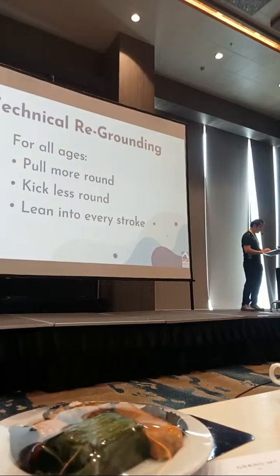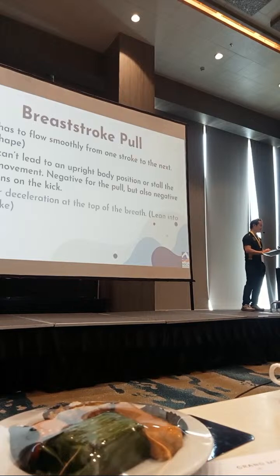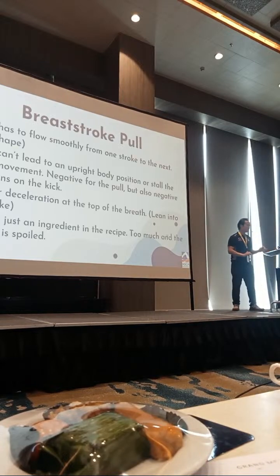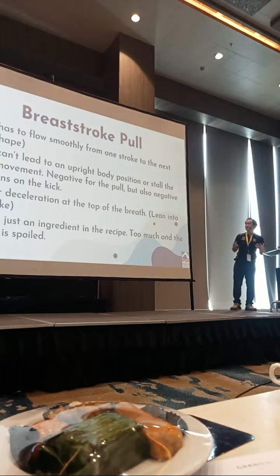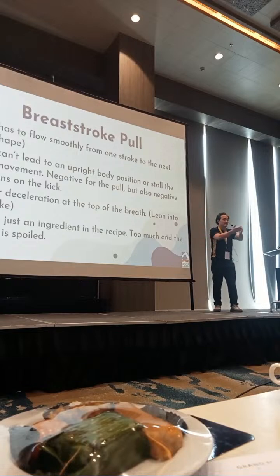And let's talk about the breaststroke pull first. I'll go through this one a little bit quicker so we can get to the videos. Basically, I want to see the stroke flow very smoothly, and in order to do that, it has to be a circle.